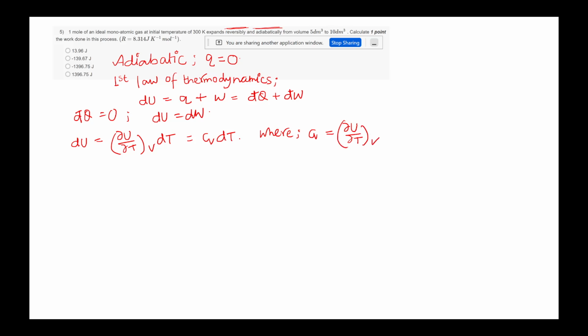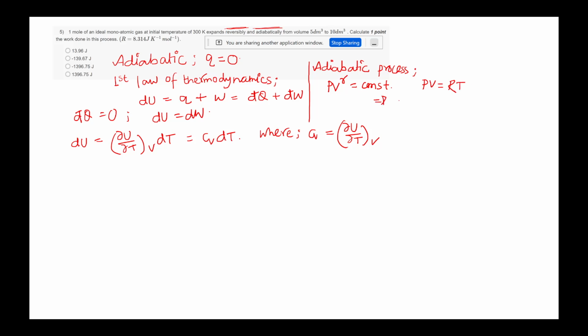Now to calculate the work done, what we know is that for an adiabatic process, PV^gamma is equal to constant, and for an ideal gas, PV is equal to RT for 1 mole of gas.